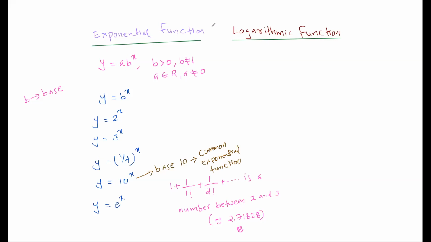The base can be any number greater than 0 but not equal to 1, any number other than 1. So if the base is 10, that type of function has a particular name, it is known as the common exponential function. Generally we say exponential function, but if the base is 10, it is called the common exponential function.